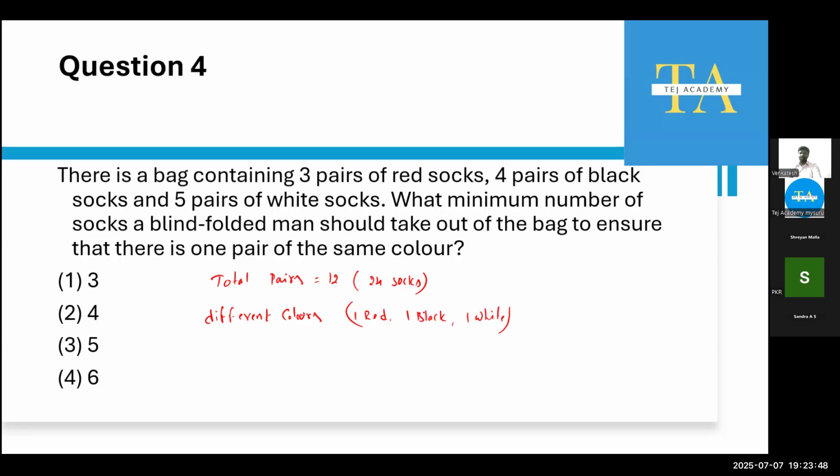The color may be either red, black or white. These three are mandatory, and apart from these three, we can choose any one color. So if I add this all, 1 plus 1 plus 1 plus 1, which is equal to 4. So 4 is the minimum number of socks a blindfolded man must pick. So option 2 is the correct answer for question number 4.